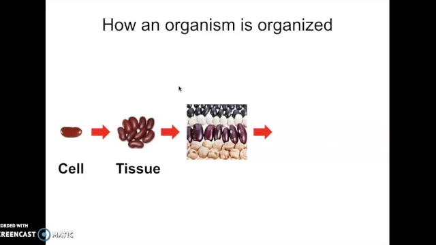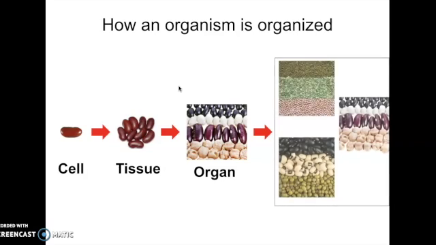Adding on to that, I would have each partner in the group bring their tissues together, and that would form an organ. And beyond that, your group would go ahead and partner with another group, bring all of your beans together, and that would represent an organ system.